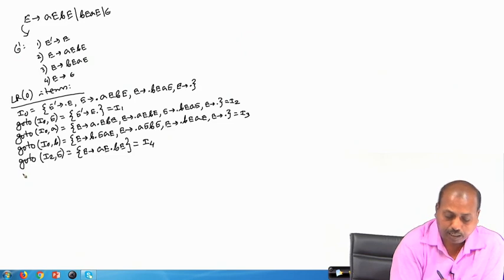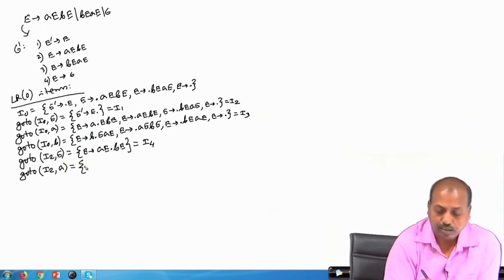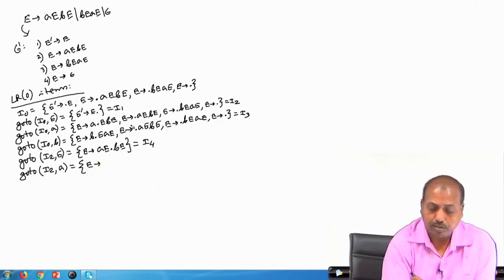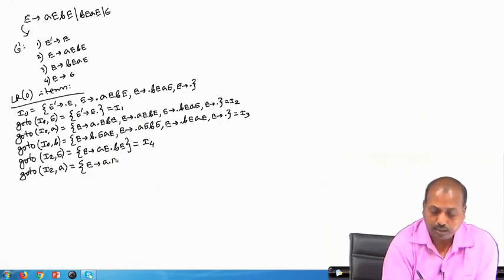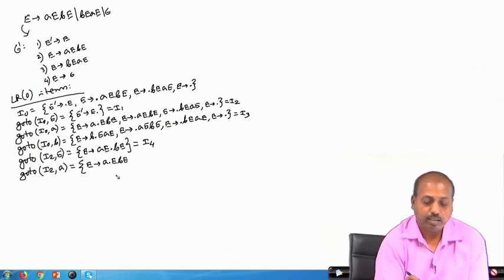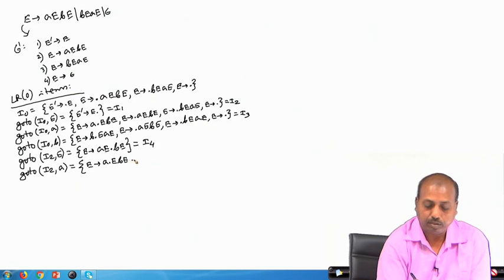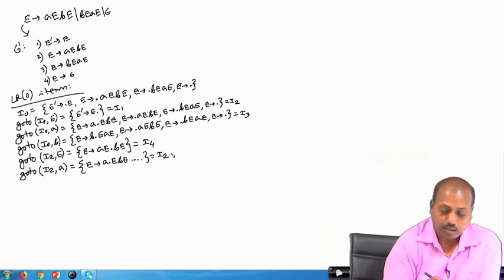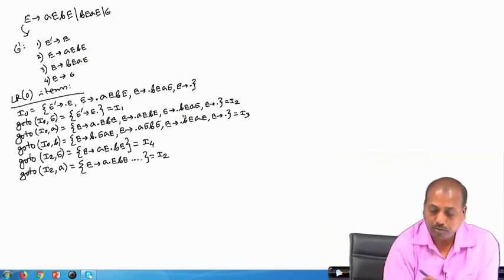Now, go to I2 A, which is E producing A dot E B E from this rule, and as soon as this is there, all the items will be coming. So this will give me the set I2 only. Now, go to I2 B.